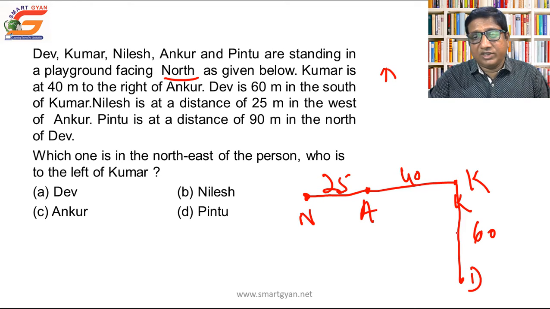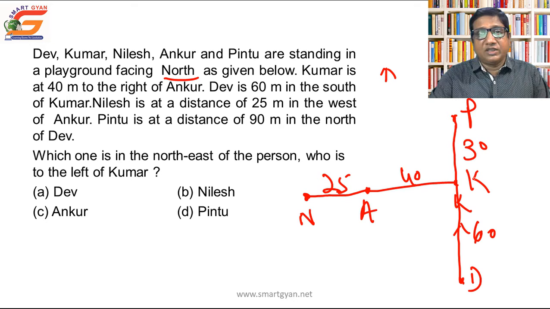North means moving upward, and the distance from Dev to Kumar is 60. So from this point Pintu will be 30 meters beyond Kumar. So here is Pintu. Then the question is, which one is in the northeast of the person who is to the left of Kumar?